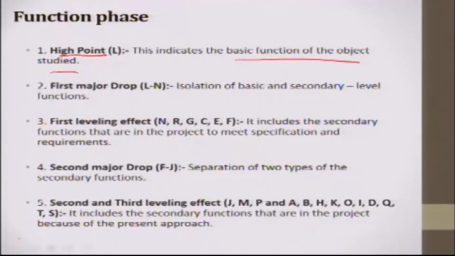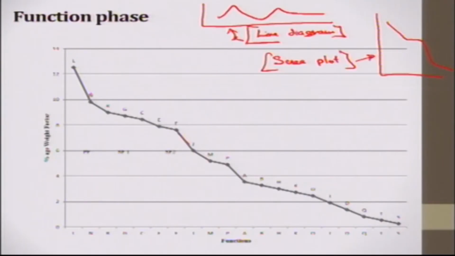Next what we have, first major drop, that is L to N, that is isolation of basic and secondary functions, that is from L to N, there is the first drop. So this becomes our primary functions. PF here is primary function.